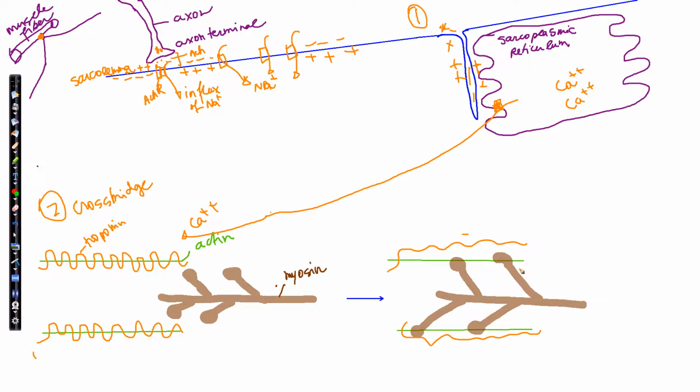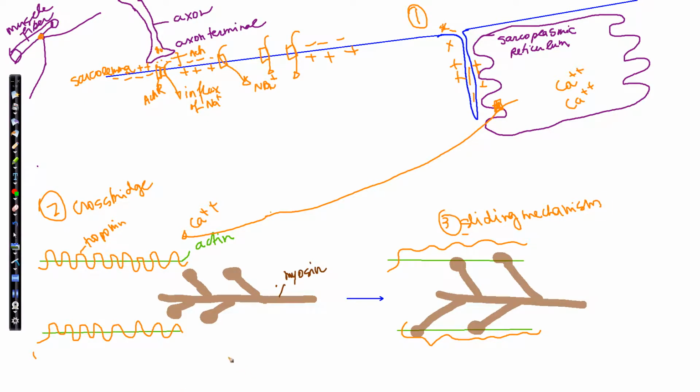Okay? What happens when that event takes place? The sites on actin where myosin can bind get exposed, and then the myosin heads can bind to the actin. And by binding to it, they slide. So this is the sliding mechanism, and I'm going to call this number 3.